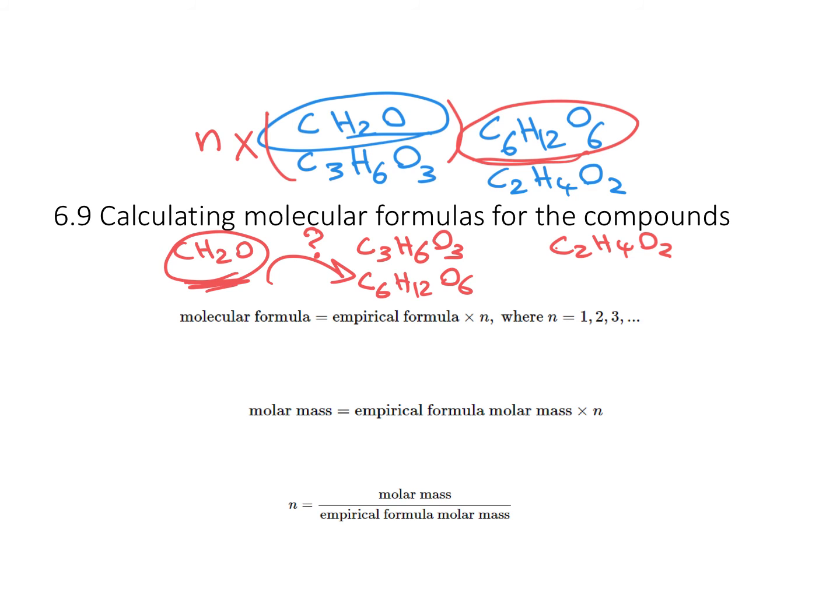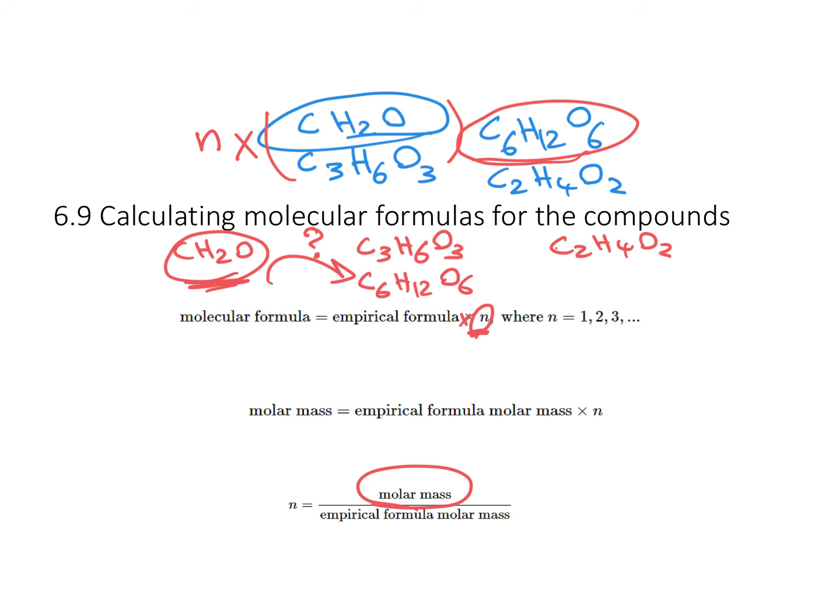Exactly, but how do we get that 6? That 6 in this specific example is like this n here, right? How can I find that? By the molar mass, by the empirical formula. Exactly. In the questions, your book, me, or whoever asked you the question, we give you the molar mass of your actual compound.